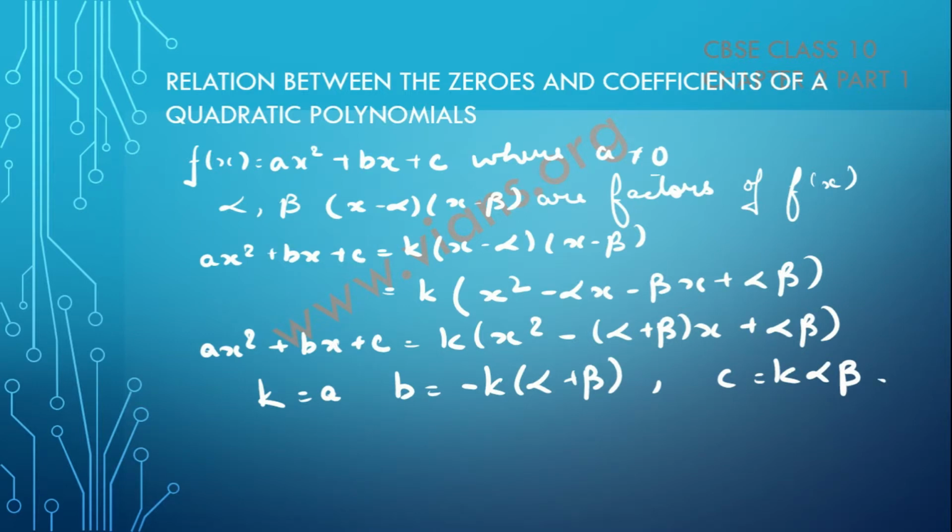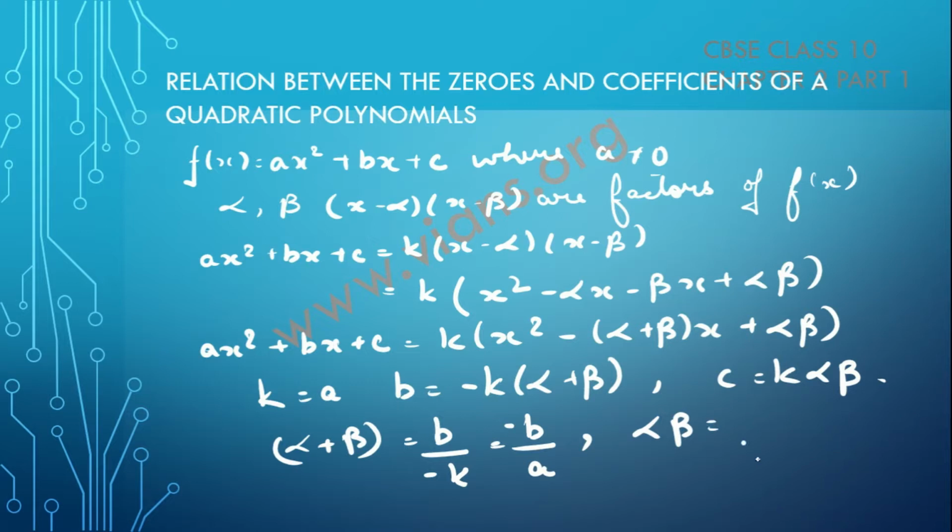So k is equal to a. Once you substitute k is equal to a here, you would get alpha plus beta is equal to minus b by a, or alpha beta is equal to c by a. So that is what you would get.